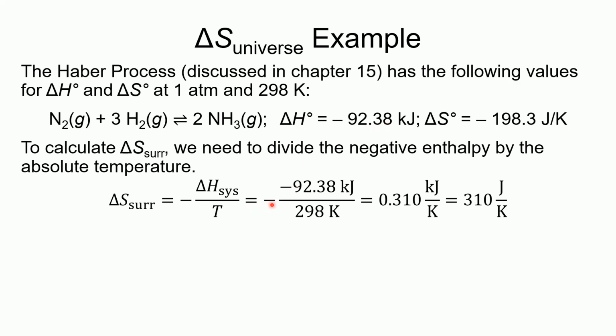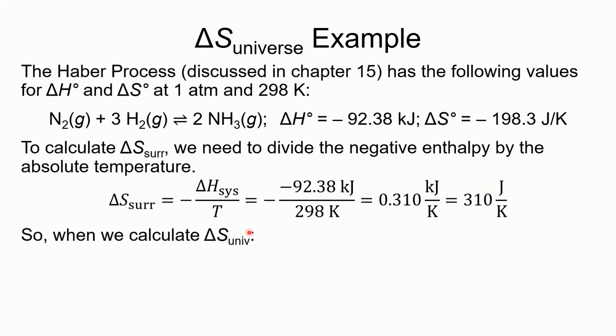We'll have negative of a negative, which will make it positive. We'll divide by 298, and we get 0.310 kilojoules per Kelvin. Typically we will find that entropy values are given in joules per Kelvin, not in kilojoules per Kelvin. It's just a convention that we like to use.